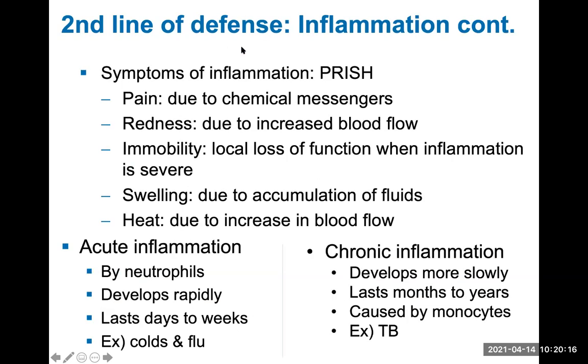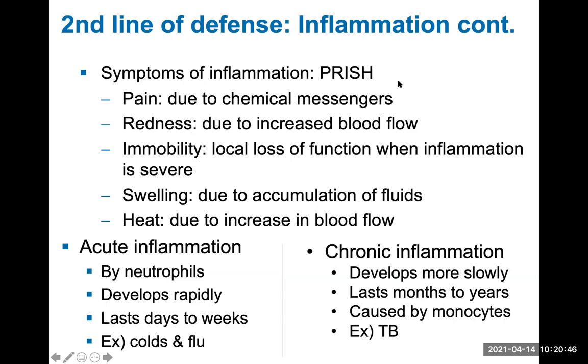And so symptoms of inflammation: pain, redness. If the inflammation is severe enough, you might have a local loss of function. An example of that is if you've ever had an injury to, for example, your knee, right? And it becomes so inflamed that you can hardly bend it anymore. That would be an example.